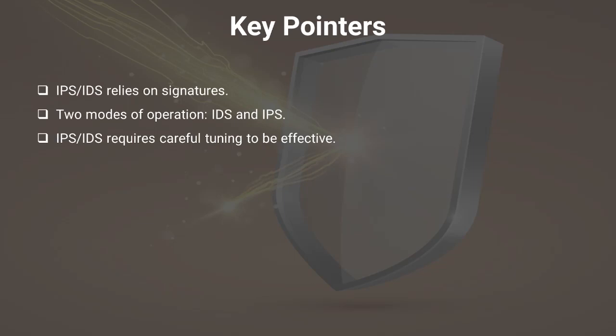This is if your environment tolerates some connectivity failures in case new signatures introduce a false positive. If you have a very connectivity sensitive environment, such as SCADA centers, operation centers or emergency centers, then of course the recommendation is to leave it in IDS mode.